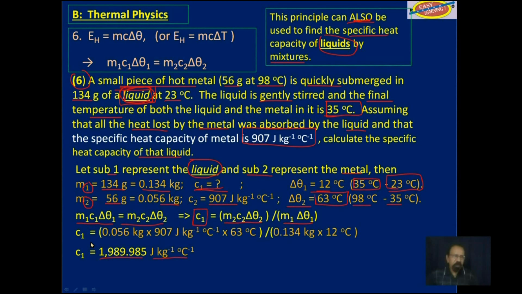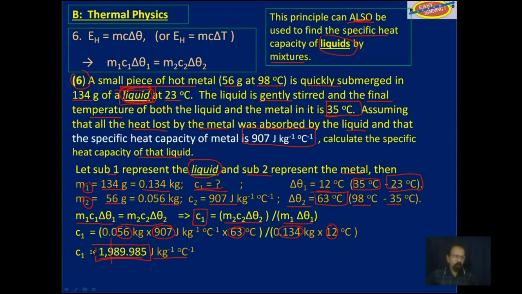significant figures. We have too many significant figures here. The numbers we have been working with, that is two significant figures. This one is 3, this one is 2, this one is 3, this one here is 2. So our answer can only have two significant figures.